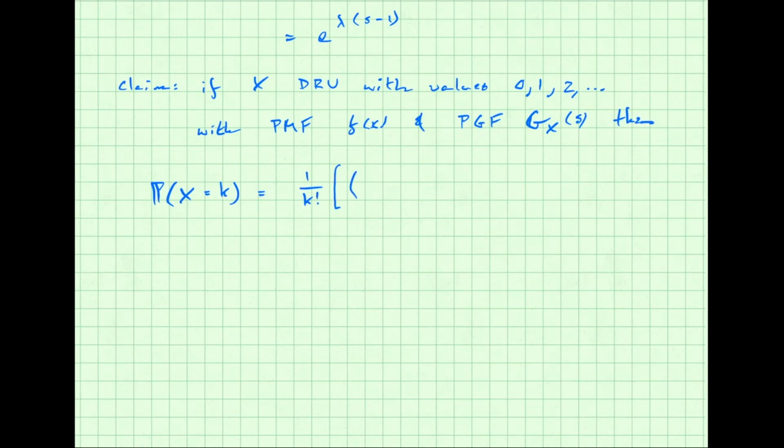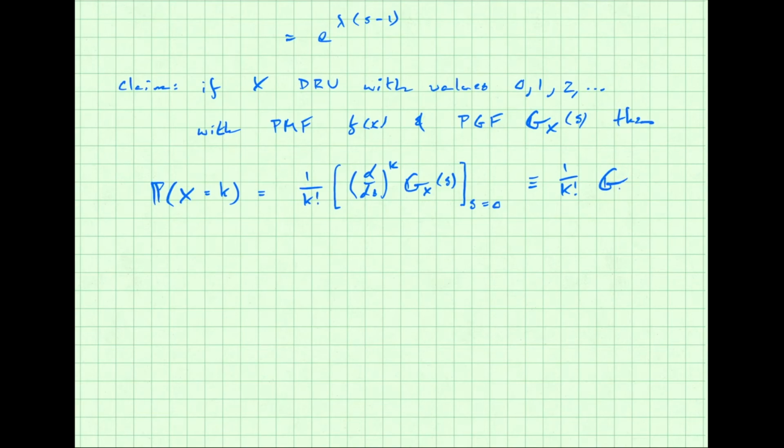This is the kth derivative with respect to s of the probability generating function, evaluated at little s equals 0. Right, and so that's just, I'm going to use a shorthand notation for that. So I'm going to define that to be 1 over k factorial.